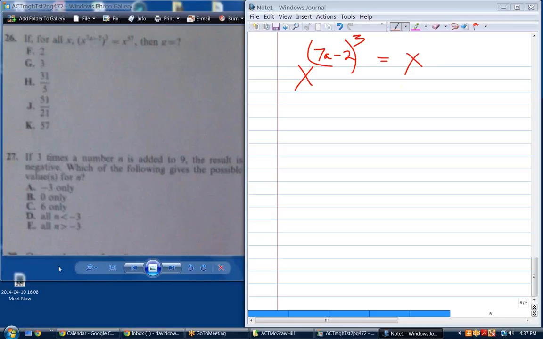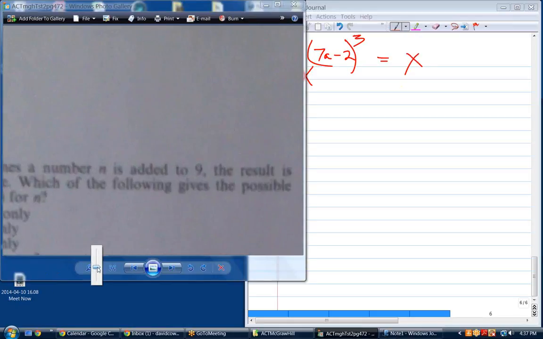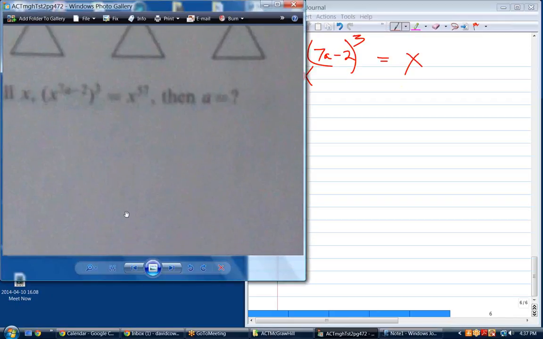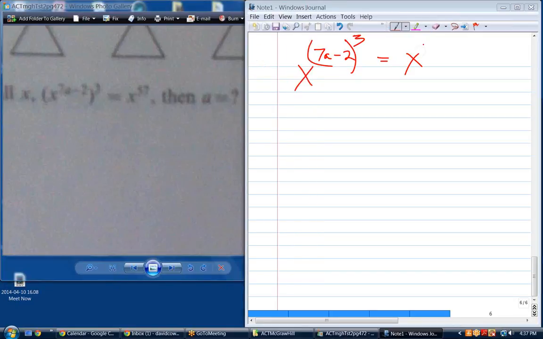Just a second, I have to increase the size of this so that I can read it. What is A? So this is the distribution of the exponents. Good.